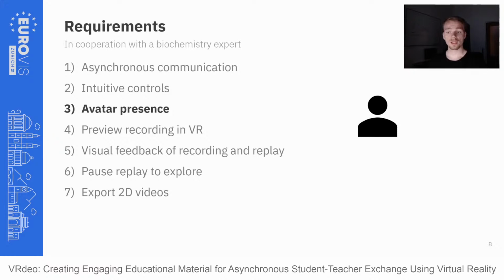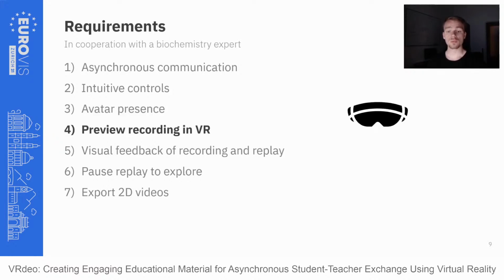The tutor's avatar, including its position and gestures, should be captured in the scene, so the students can easily connect the voice recording with the tutor's actions in the scene.